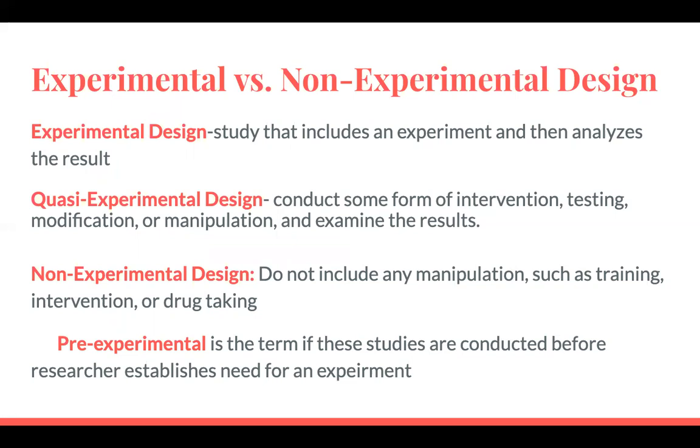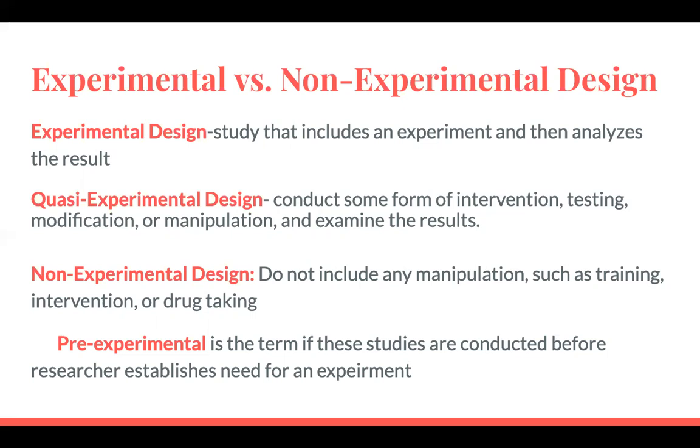So, experimental design is a study that includes an experiment and then analyzes the result, while quasi-experimental design conducts some form of intervention, testing, modification, or manipulation, and examines the results. And non-experimental design does not include any manipulation at all.